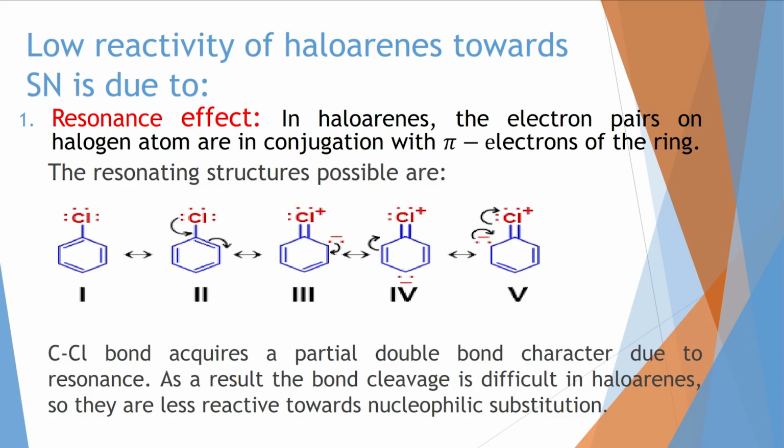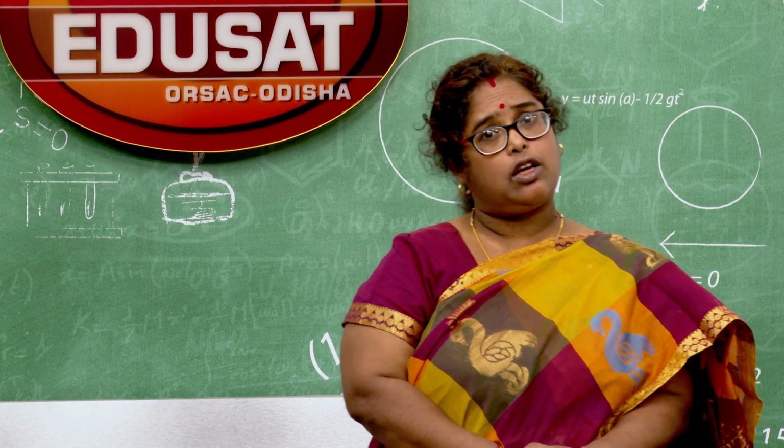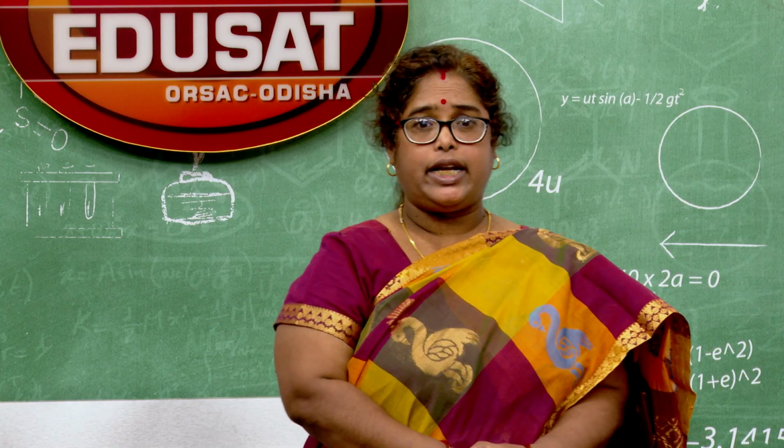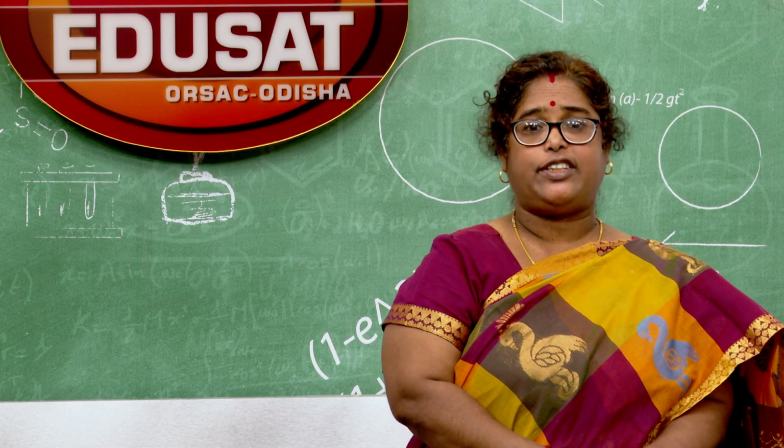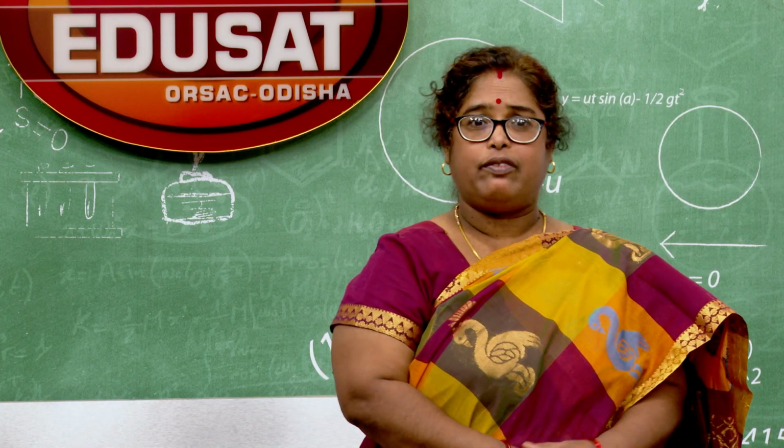In chlorobenzene, the chlorine atom substitutes the hydrogen atom of the benzene, and there are lone pairs of electrons present on it, which satisfies the condition for conjugation. So, the electron pairs undergo conjugation with the benzene ring and hence make it ineffective for further reaction. I will explain in detail further.